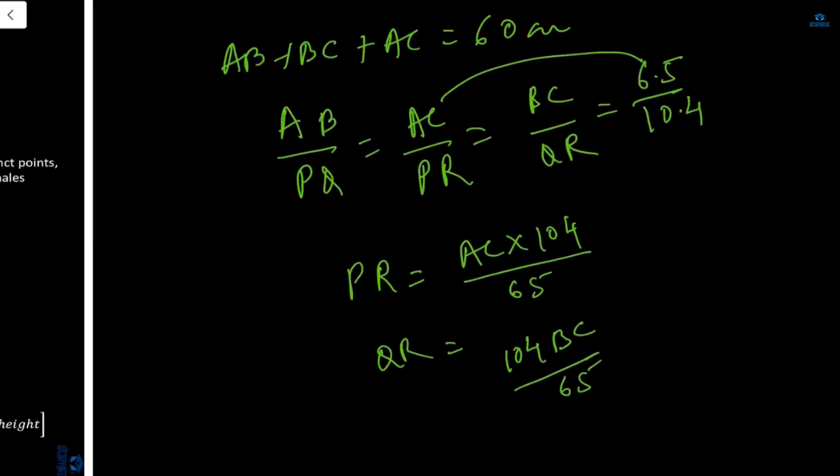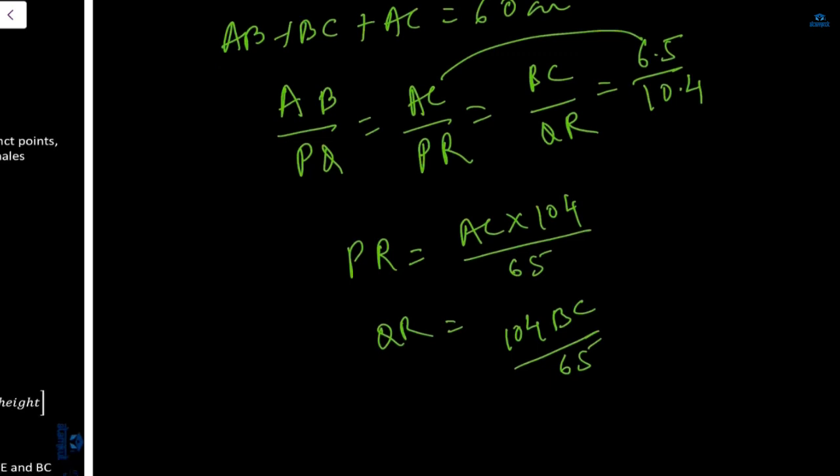Now, what is given? Perimeter is given, so with the perimeter you can find it out. PQ will also be 104 into AB upon 65.